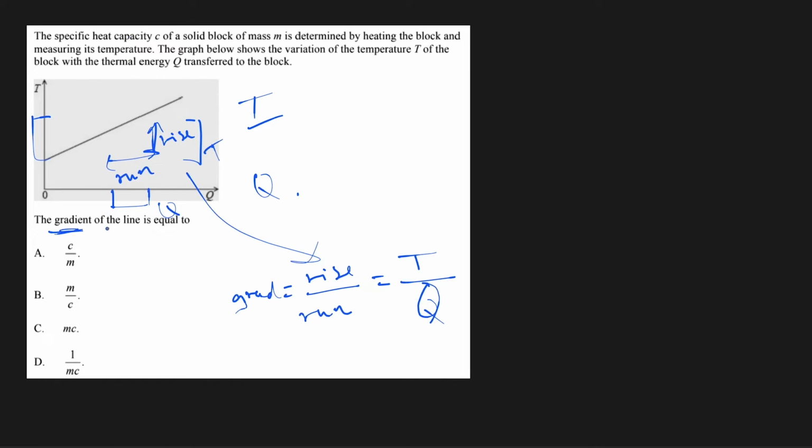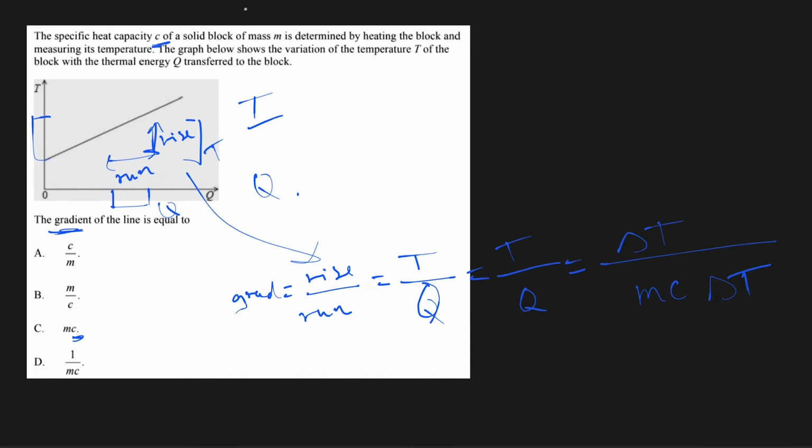It gives us answers in terms of c. We should use the specific heat capacity in this. So T over Q must be equal to delta T over Q. This is actually also delta T because it's rise over run, the change in rise.